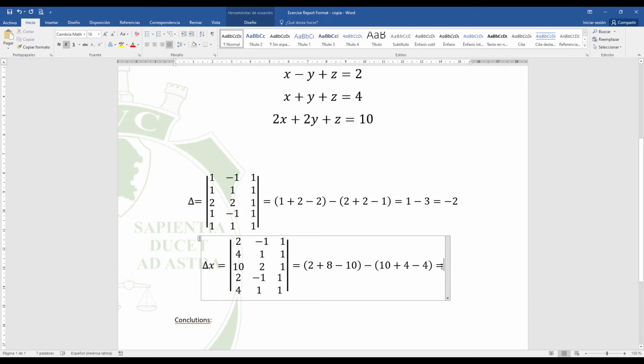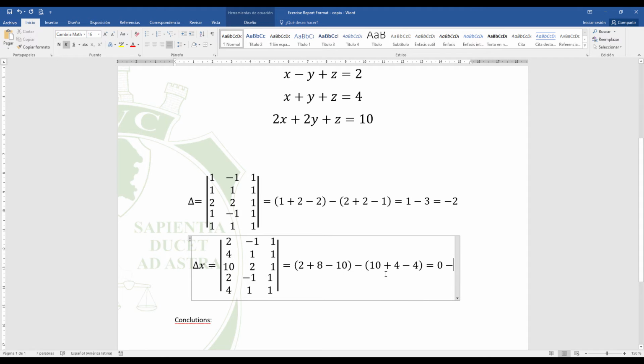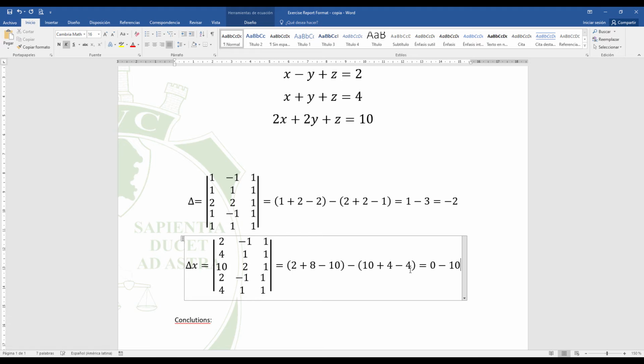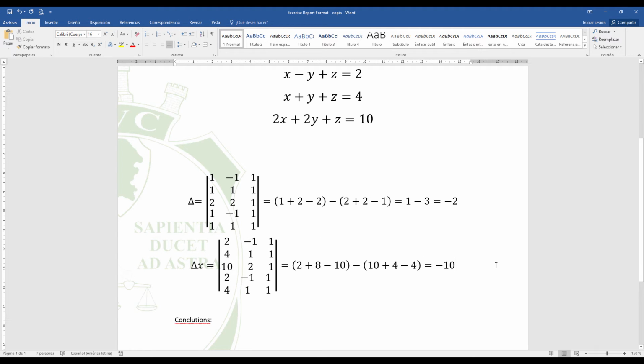So here 10 less 10 is 0, and this is 10.